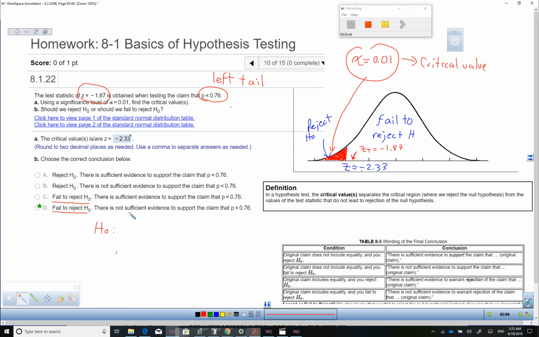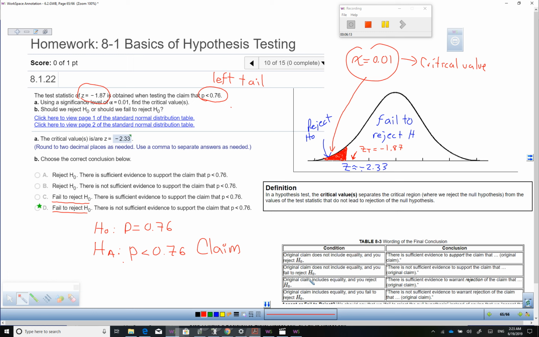Actually, I should have done this from the very beginning. The null hypothesis is p equals 0.76. Remember, the null hypothesis only admits equality. It's a mathematical statement, and the alternative hypothesis in this case is less than 0.76, and the claim is on the alternative hypothesis.